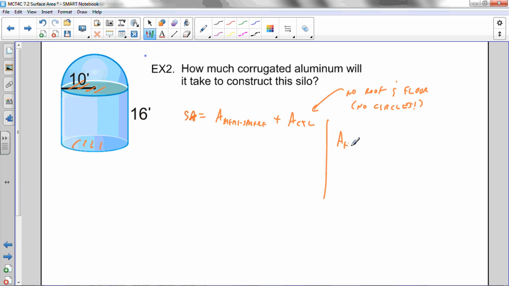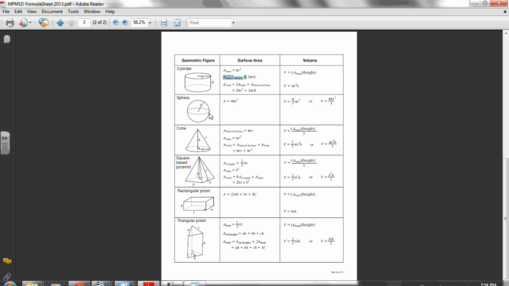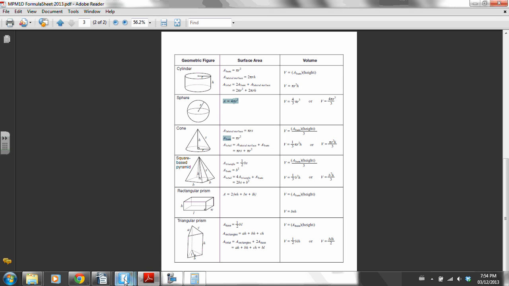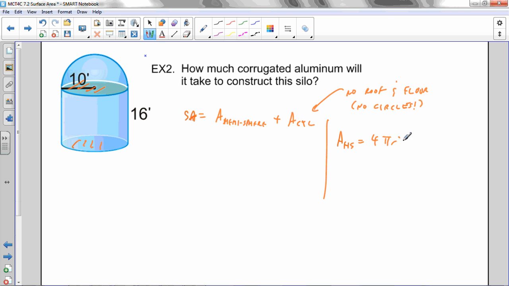So the area of the hemisphere, well, do you remember what the surface area of a sphere is? Probably not. Well, let's look on our formula. Surface area of a sphere is 4 pi r squared, which is a pretty cool formula, by the way. So somehow, in a whole sphere, there are 4 circles, which is pretty neat. Now, because it's a hemisphere, we have to divide by 2. So 2 pi r squared is going to be our formula because we only need half.